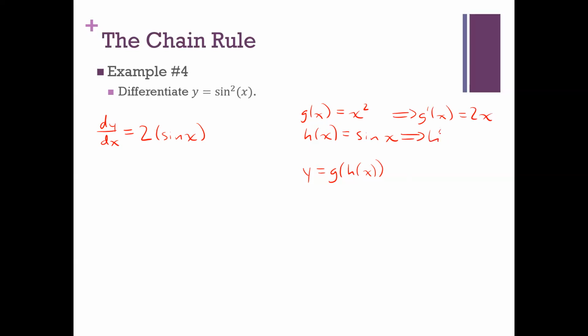And while we're at it, what is h prime of x going to be? Cosine of x. So yeah, the derivative is 2x, but remember, the input to g is sine of x. And then what's the rest of this derivative going to look like? Times cosine x.